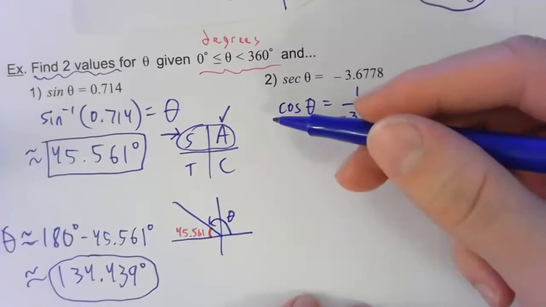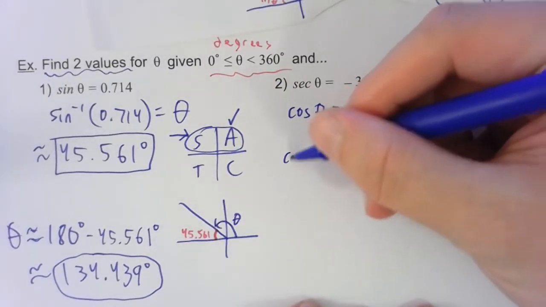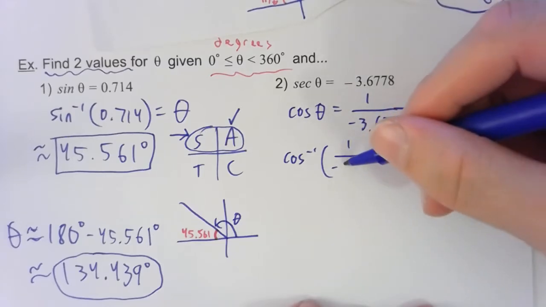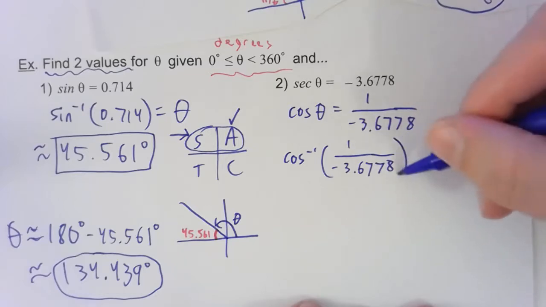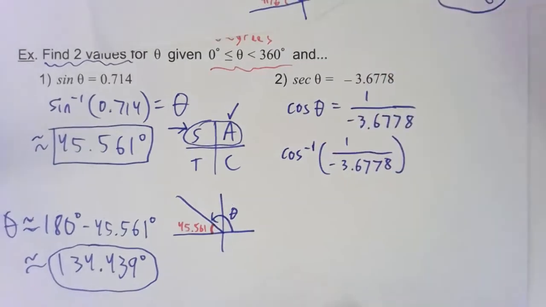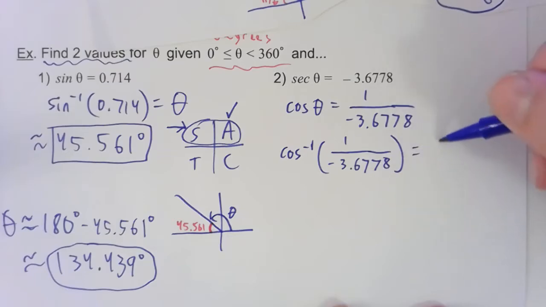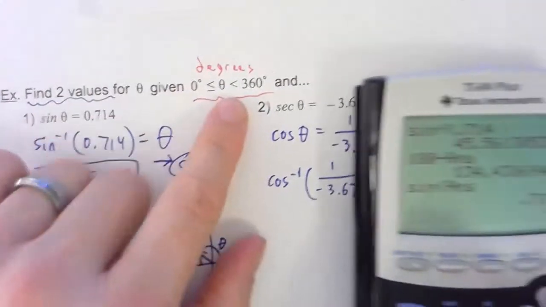All right, so now that I know what cosine is, now I can do inverse cosine of that fraction. So the 1 over goes inside the inverse cosine. Sometimes people will do 1 over inverse cosine. That's not what you want to do. It's inverse cosine of the 1 over, okay? And that will equal theta there. And we're still in degree mode here.